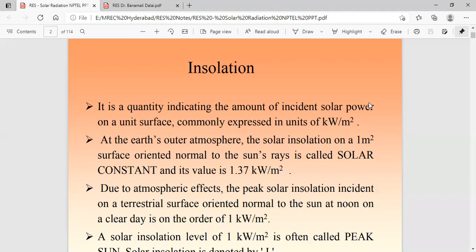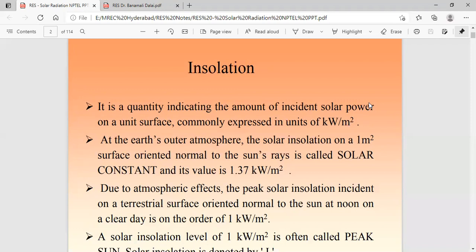At the Earth's outer atmosphere, the solar insolation on a 1 meter squared surface oriented normal to the sun's rays is called the solar constant, and its value is 1.37 kilowatt per meter squared.